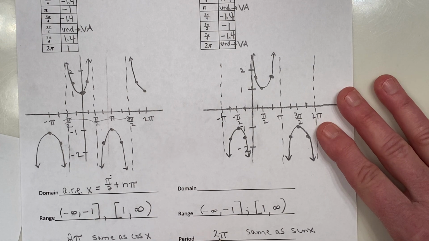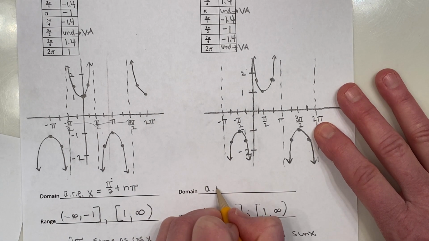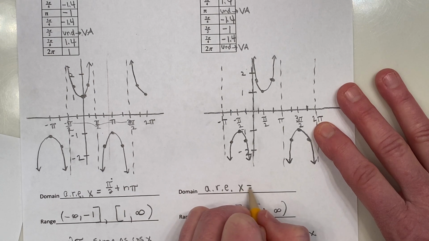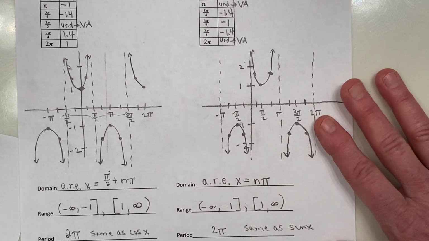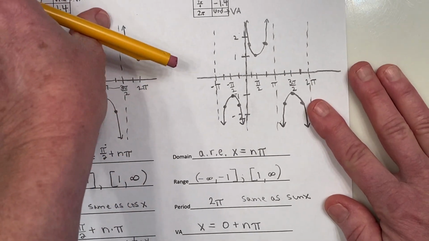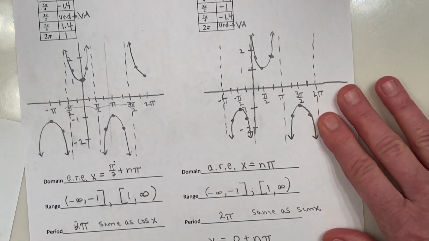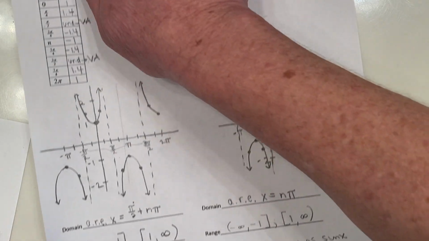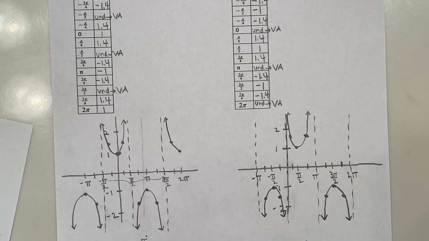So think of half of 2 pi, which is just pi, and multiply by n. And I will leave off the 0 and put n pi. All right, so those are our parent functions, and then we'll just begin graphing some other secant and cosecant functions that have transformations.